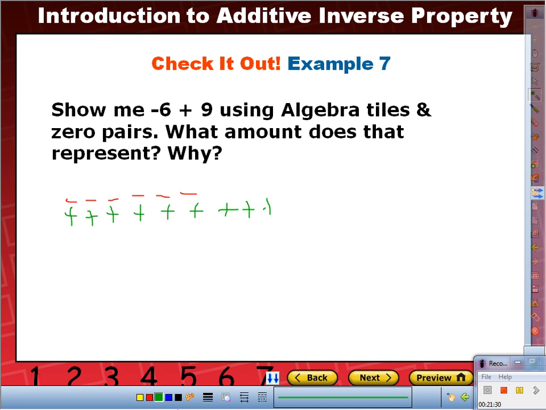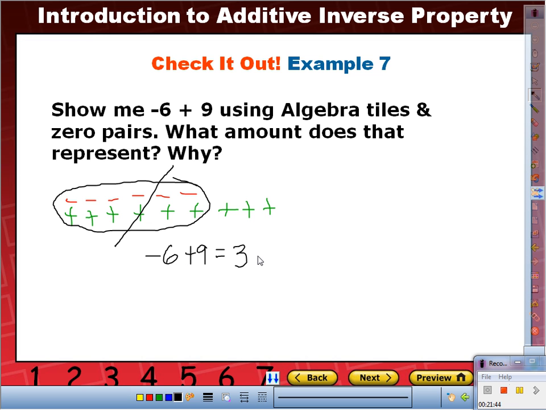You circled your 0 pair. They cancel, and we're left with positive 3, and in numbers, it would be negative 6 plus 9 equals 3, and your ground 0 method, negative 6 and positive 9. Hands up if you got something similar to that, okay?